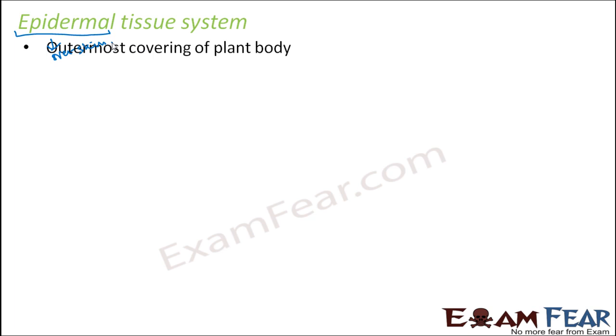So what is the purpose of epidermis? Very obvious. Since it is the outermost covering, the most important function that it has is protection. It has to protect all internal parts from external damage. It has to prevent too much loss of water or too much intake of water, so it has to regulate the water balance.